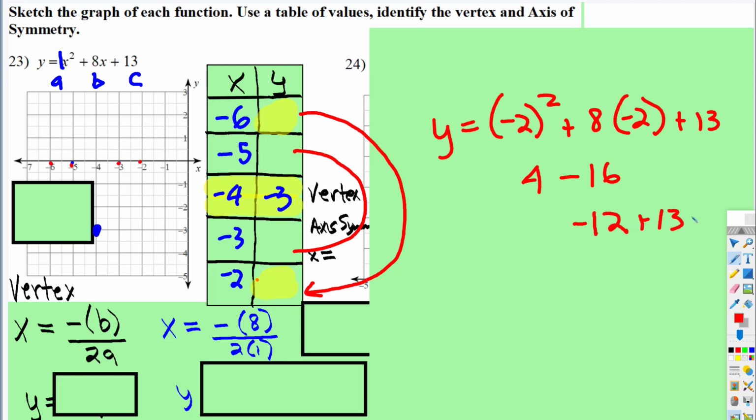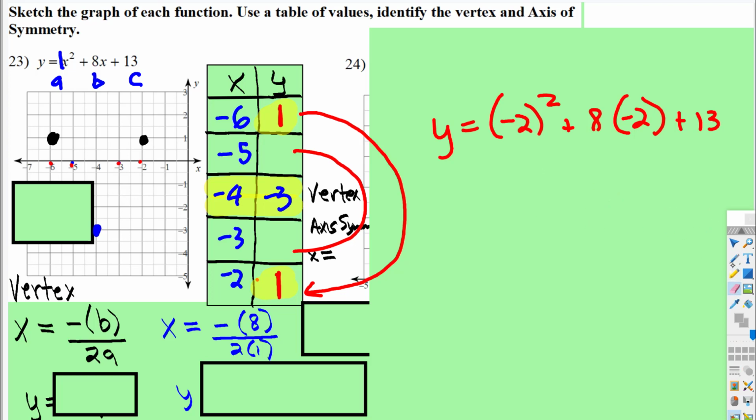Plus 13 is 1. So since that's 1, this should also be 1. Okay, so at negative 2, I'm going to put a point at 1. And at negative 6, I'm going to put a point up here at 1. All right, so we have that figured out.